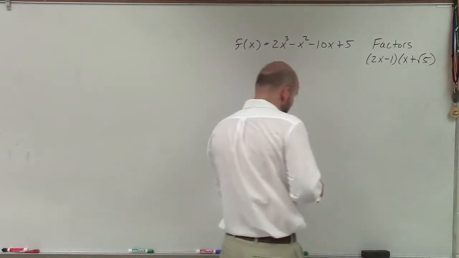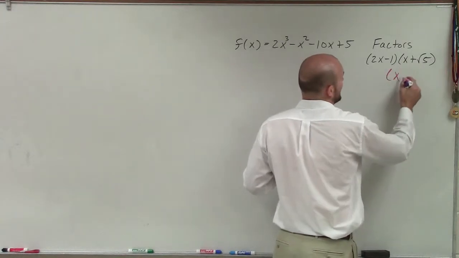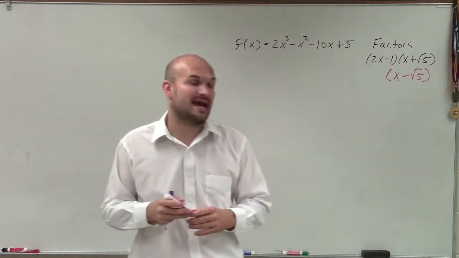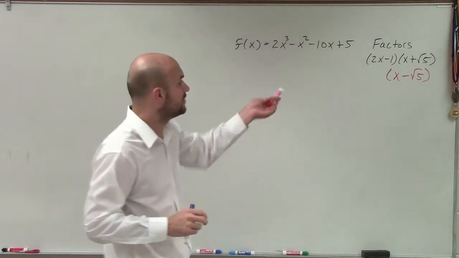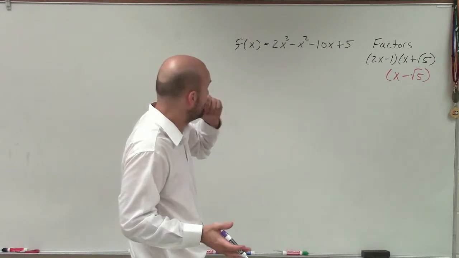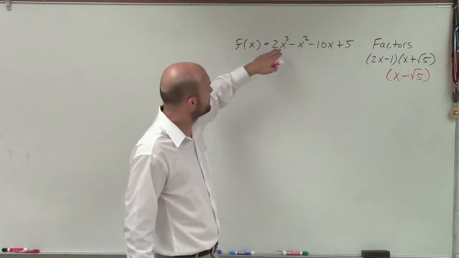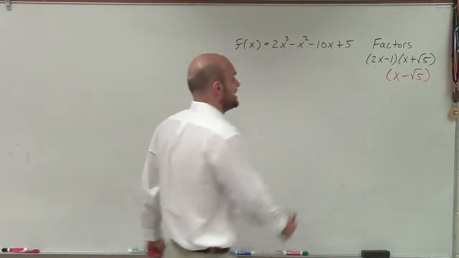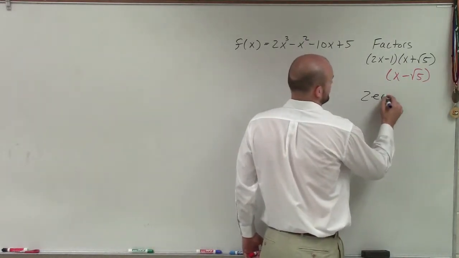So, when given these factors, I automatically already know that x plus the square root of 5 is also going to be a factor of my polynomial, which is perfect because now I have 3 factors, and that's all I simply need as far as my factors because I can now determine my zeros.